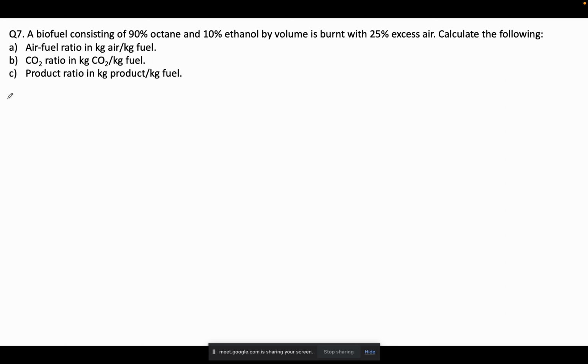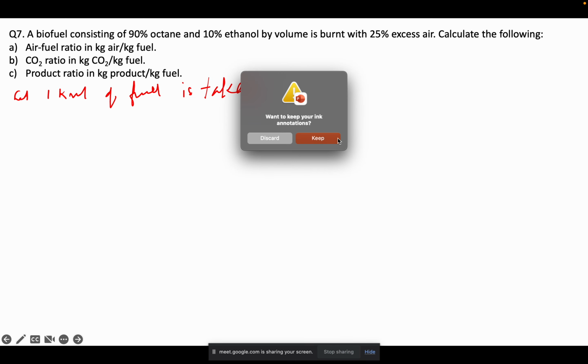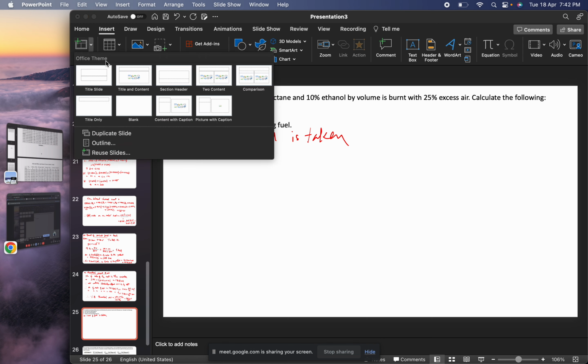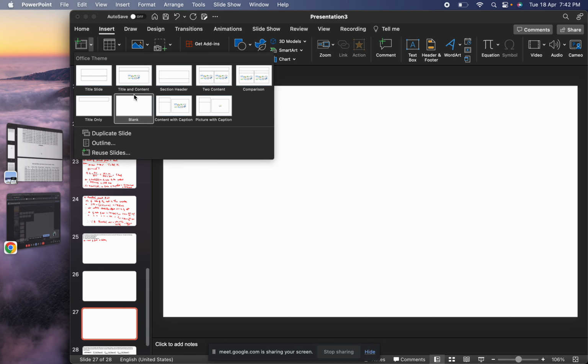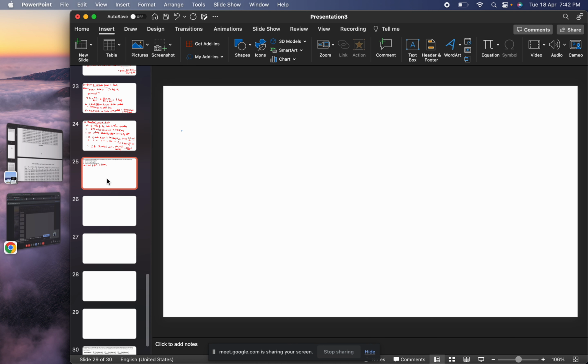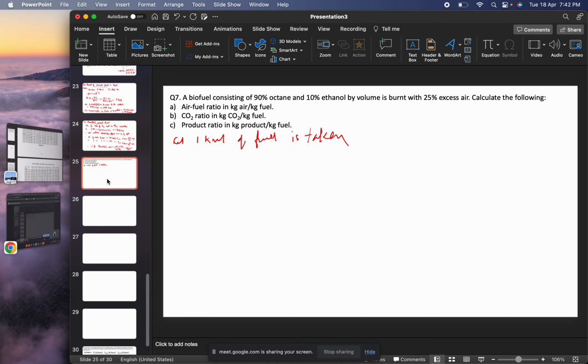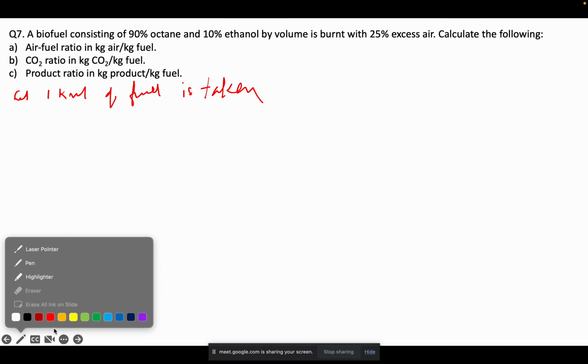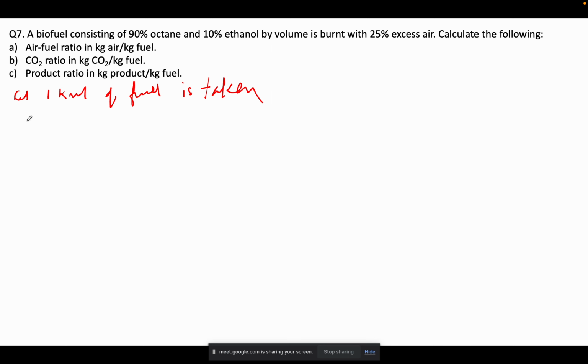Okay, so for that let 1 kilomole of fuel be taken. Okay. Now theoretical air consumption.